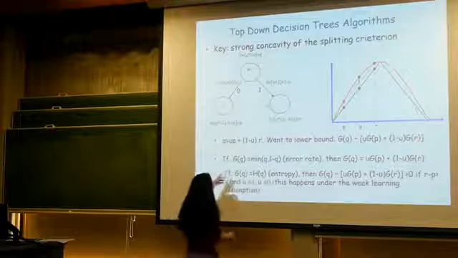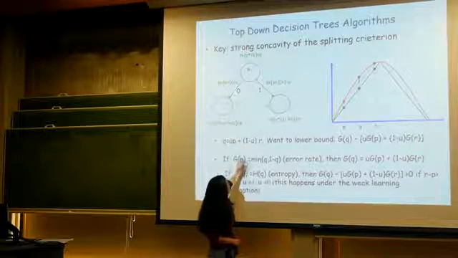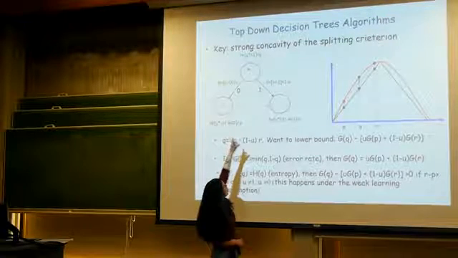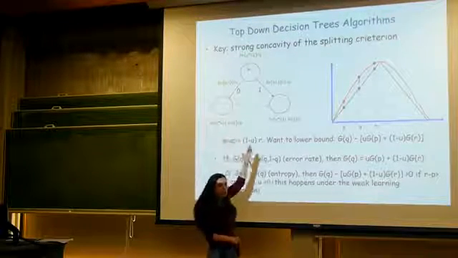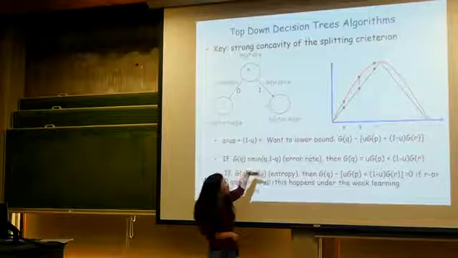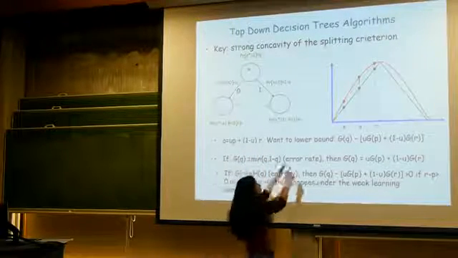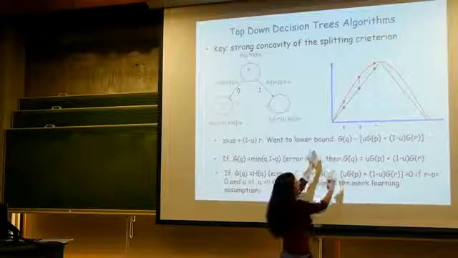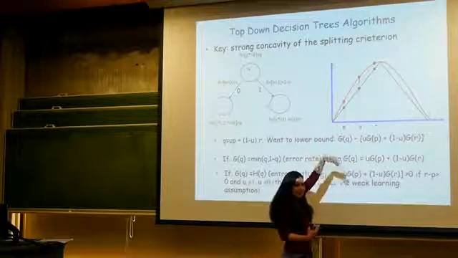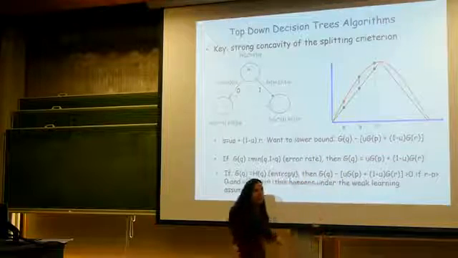What I mean here by linear is that if you're at a node v over there, and the fraction of positives is q, then the error rate is the minimum of q and 1 minus q. When you plot it, it's this green function, which is linear up to a half, and then decreases again. This is what I meant.